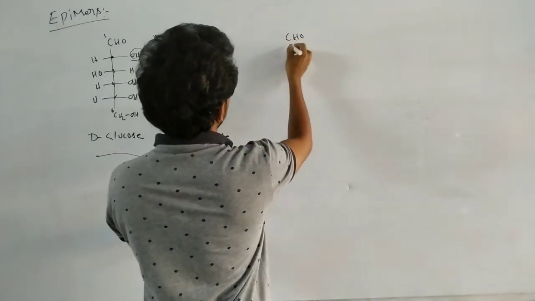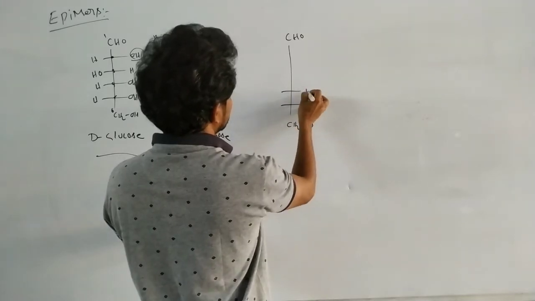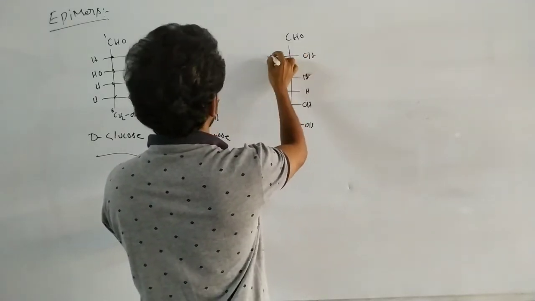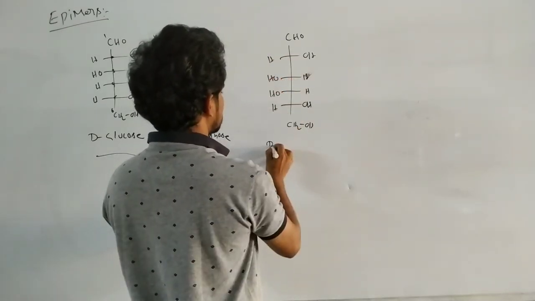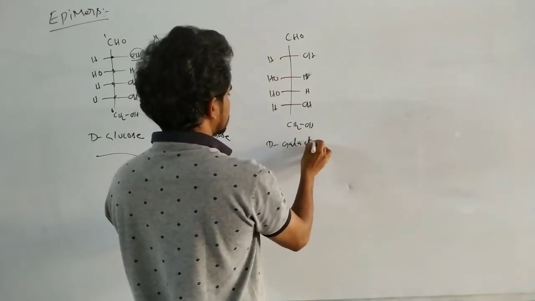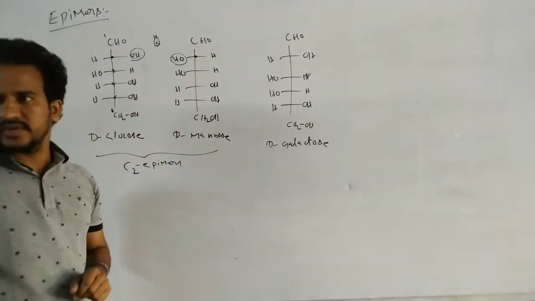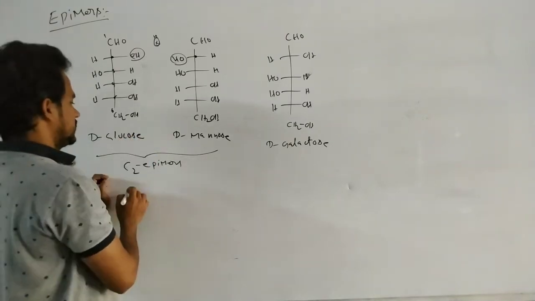Suppose this one CHO and CH2OH, OH, H, H here OH, H, OH here OH. Here a hydrogen. This is D-galactose.